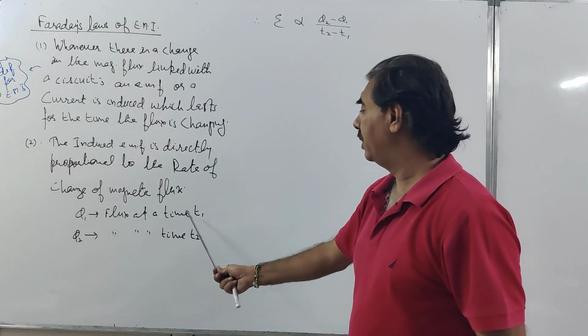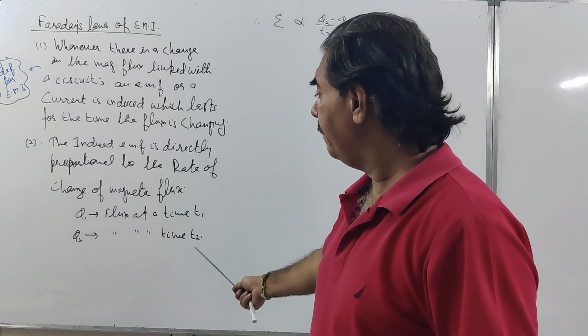Phi1 was the flux at the time t1 and phi2 is the flux at the time t2.